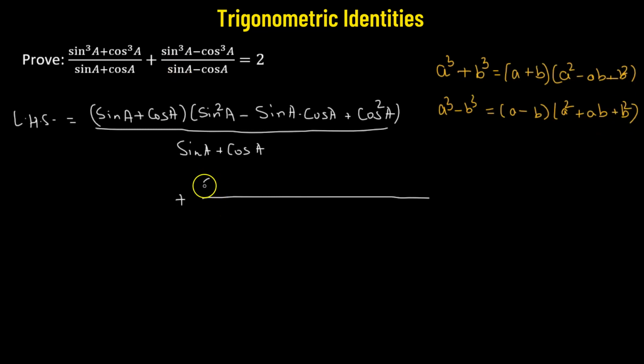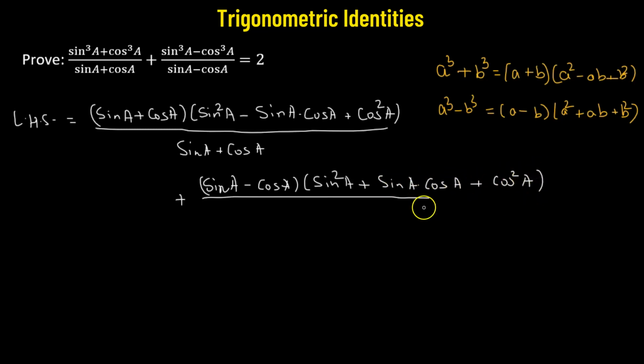So we will have sine a minus cosine a whole multiplied to sine squared a plus sine a times cosine a plus cosine squared a, whole divided by sine a minus cosine a. Now we can cancel out sine a plus cosine a from the numerator and the denominator.